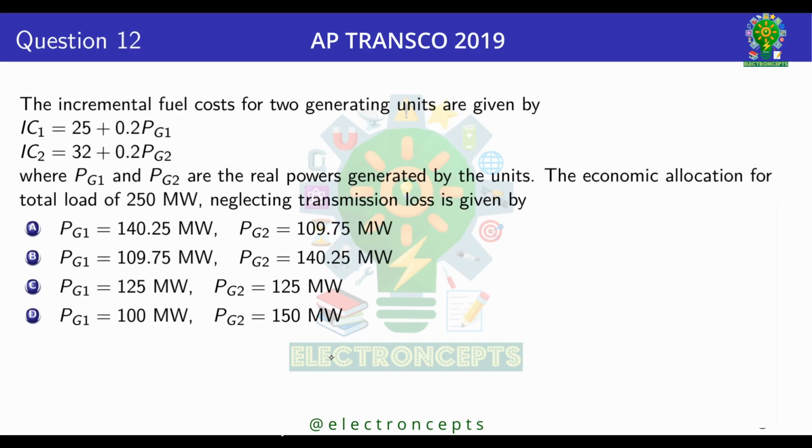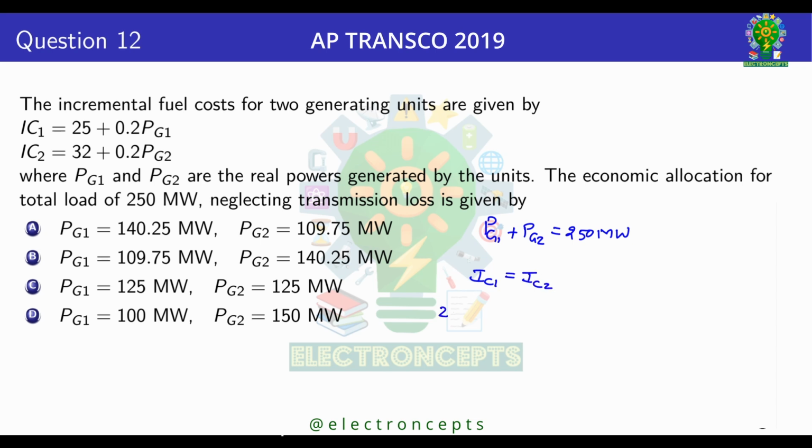Question number 12. The incremental fuel cost of two generating units are given and the total load is 250 megawatts. We need to find the real powers generated by individual units, that is Pg1 and Pg2. Since total load is 250 megawatt, Pg1 plus Pg2 is equal to 250 megawatt. For optimal economic load dispatch, neglecting transmission losses, the incremental fuel costs must be equal. Therefore, IC1 is equal to IC2.